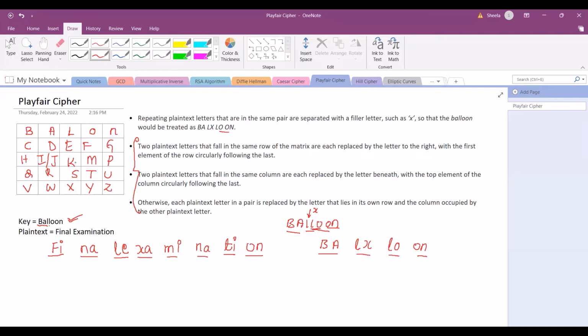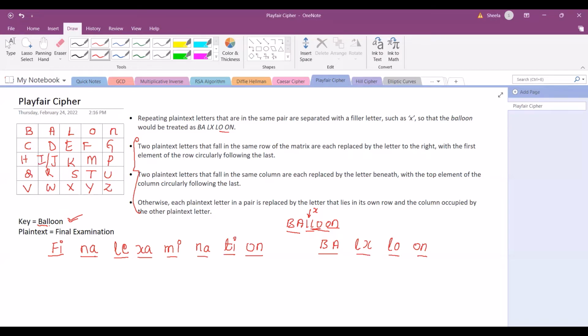Now, using this matrix, we have to encrypt. While encrypting, we have to follow these rules. If both the letters in the digram fall in the same row, in that case we have to replace each letter by the letter to the right. In this plain text, FI is the first one I am considering, but here we can notice that F and I are in different rows and different columns.